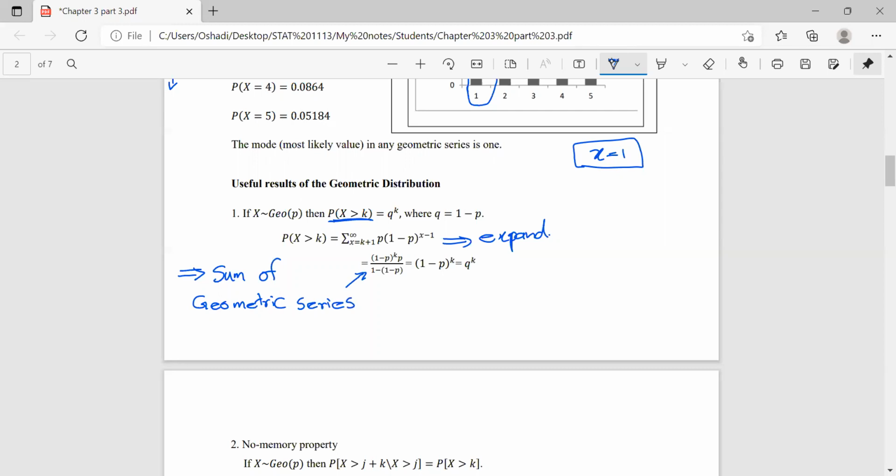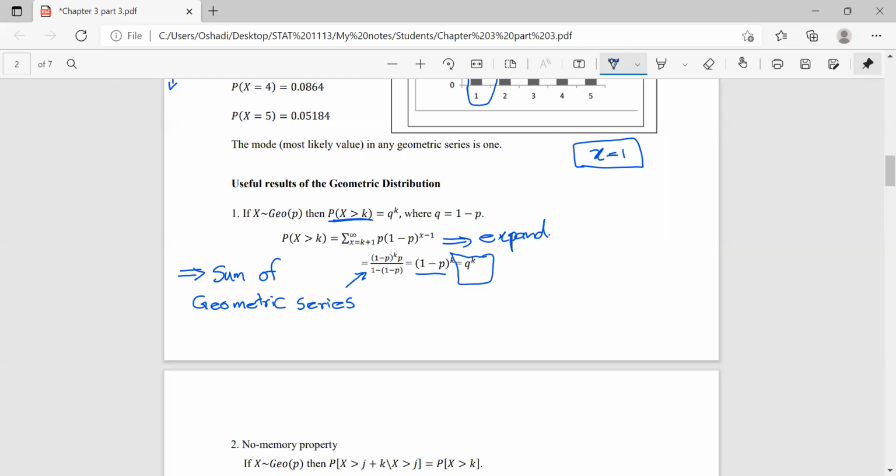So it is (1 minus p) into p to the power k into p divided by (1 minus p). So it is (1 minus p) to the power k, and 1 minus p is q, the probability of failure. So it is q to the power k, right?